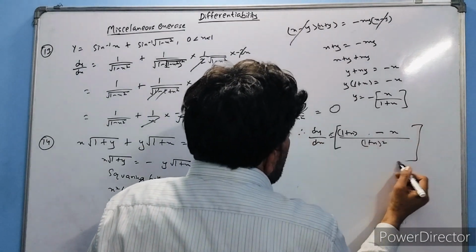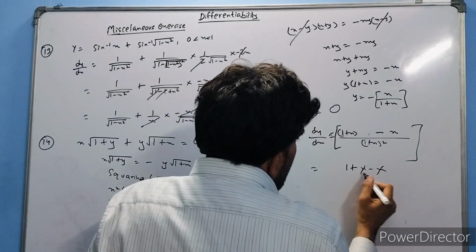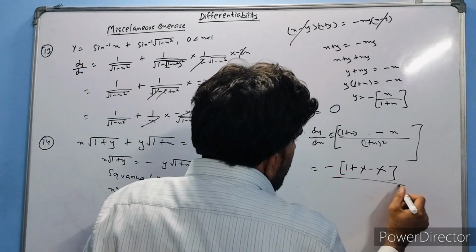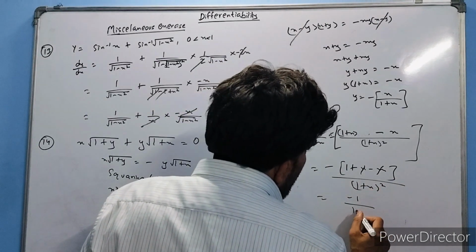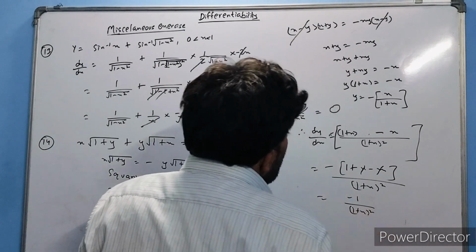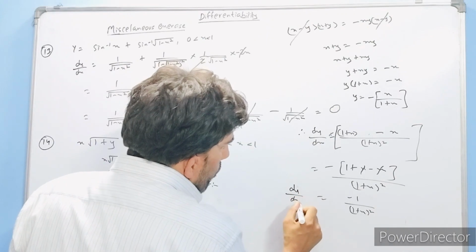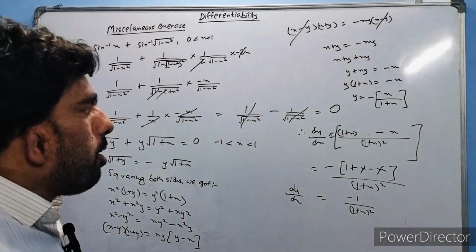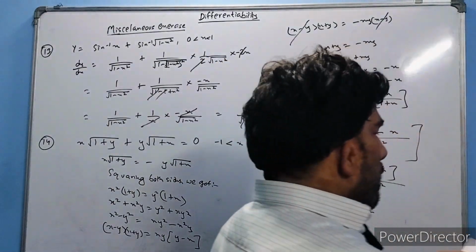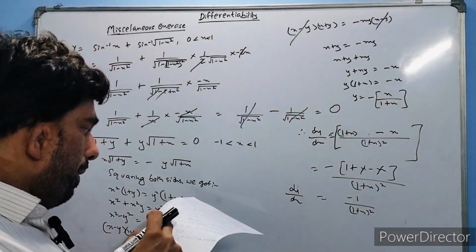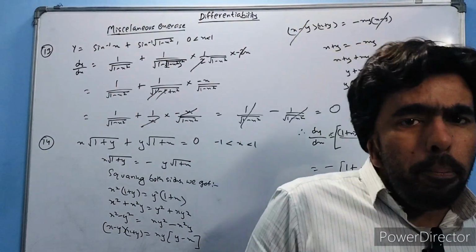Opening this, 1 plus x minus x, over minus 1 plus x whole square, gives minus 1 upon 1 plus x whole square. That is how we find the dy upon dx value, and it is what is required: we needed to prove that dy upon dx is minus 1 upon 1 plus x whole square. That is how we were able to solve the numerical.